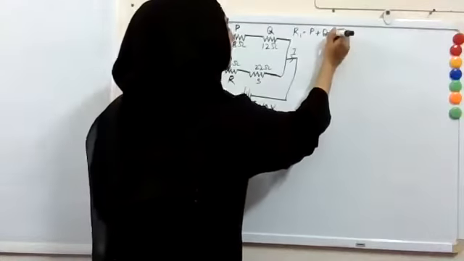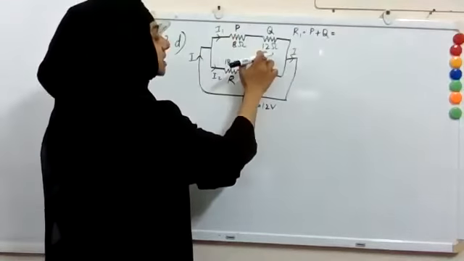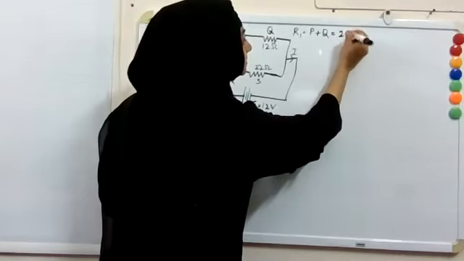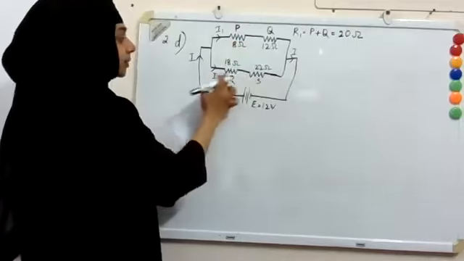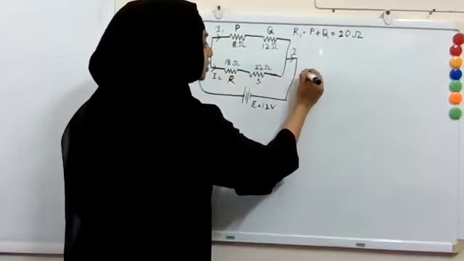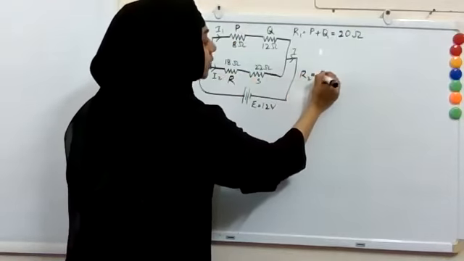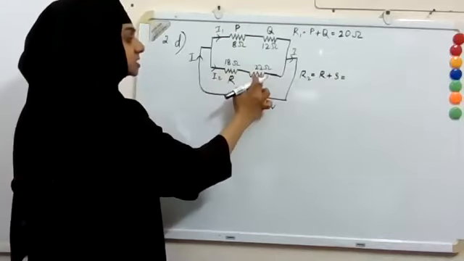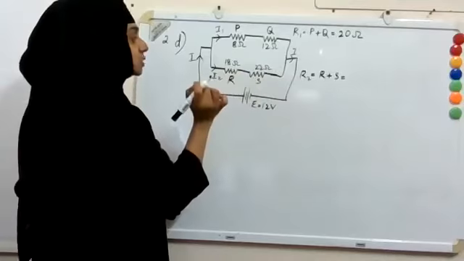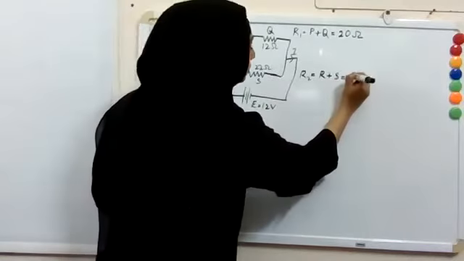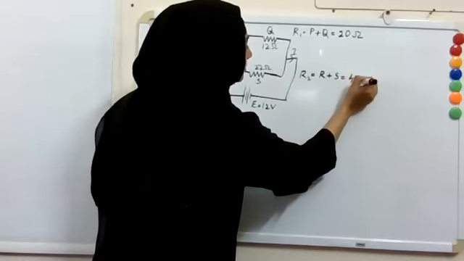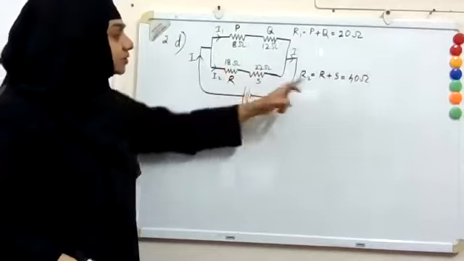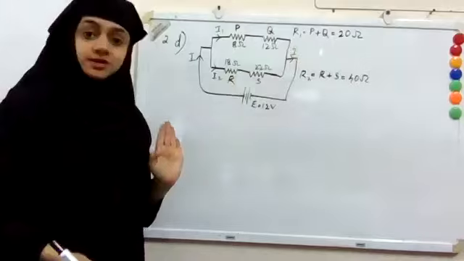So R1 I will put as equal to 8 plus 12. How much is that? 20. Let me put this resistance as R2, which is equal to R plus S, because they are in series now. 18 plus 22 will give you 40. So you have R1 and R2, 20 and 40 here.